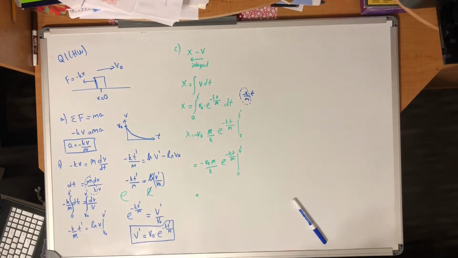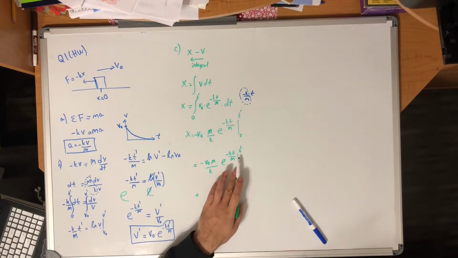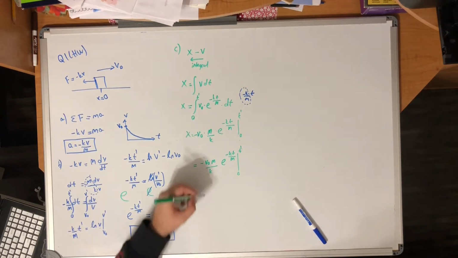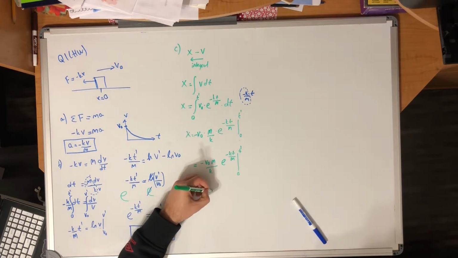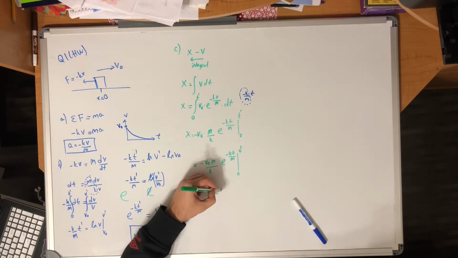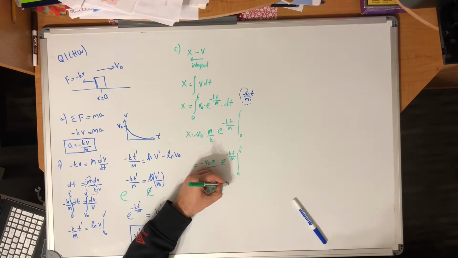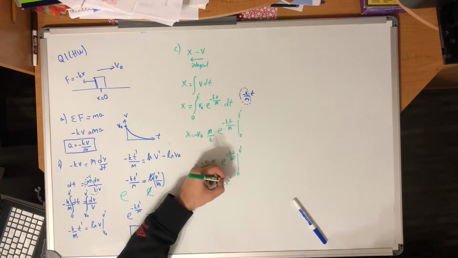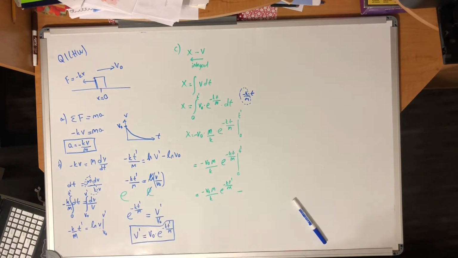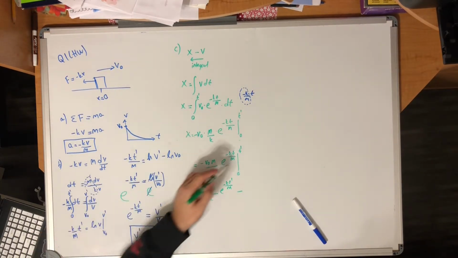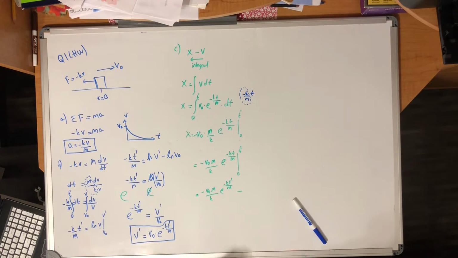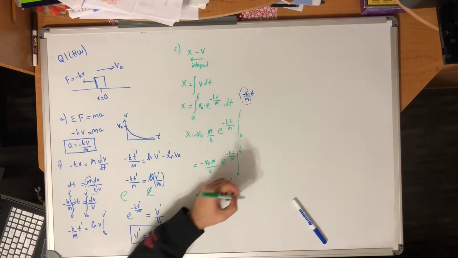I am going to replace this t with t prime and 0. So negative v0 m over k, e to the power of k, instead of t, I put t prime over m, minus the same function, except instead of t, I will put 0.